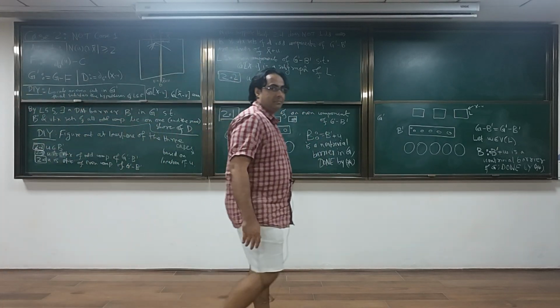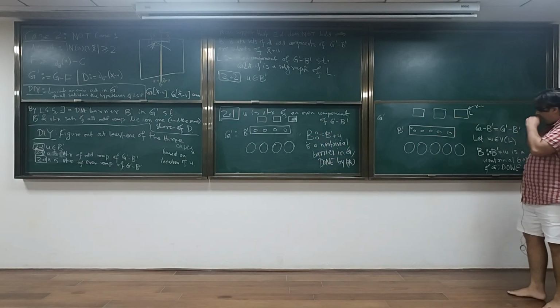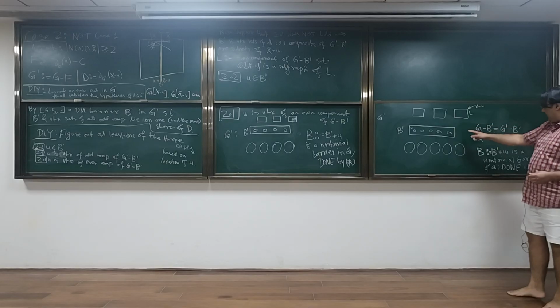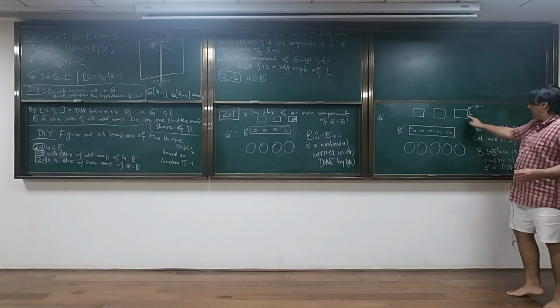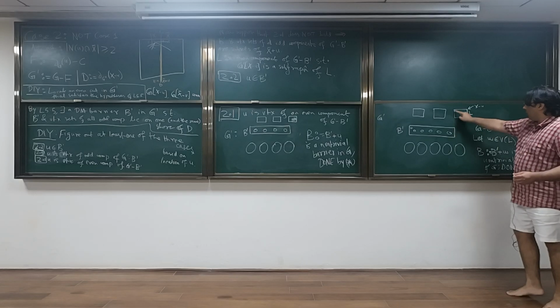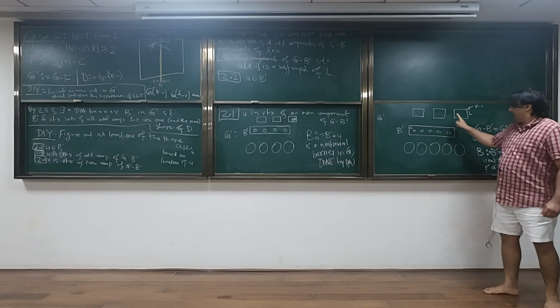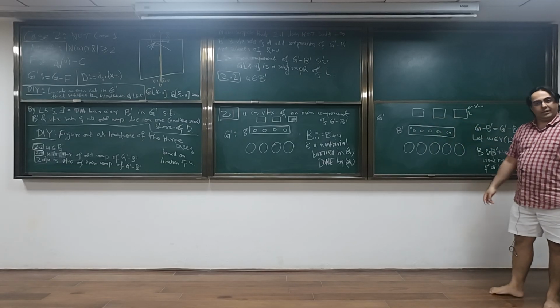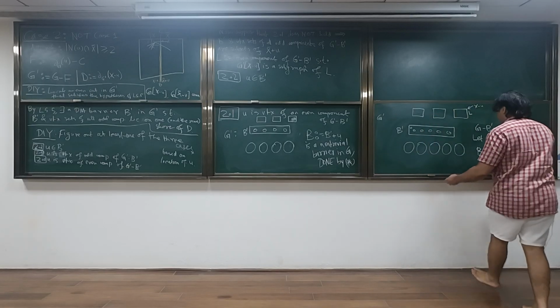But the point is, if this works, then it means that this is a two connected graph. You delete one vertex, you will get one odd component, and these components actually don't exist. There's a single even component. All these things follow.